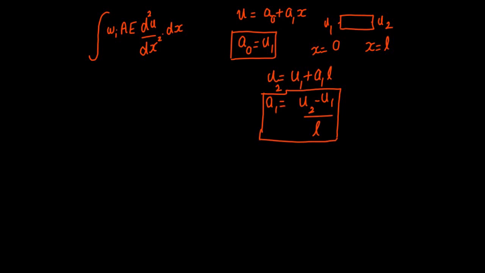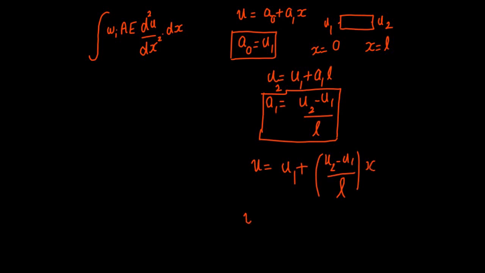All I have to do is plug the values of a0 and a1 back in the trial solution. So instead of a0, it's u1, plus instead of a1, it's u2 minus u1 divided by L, into x.